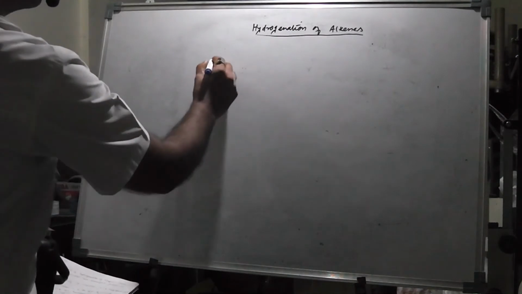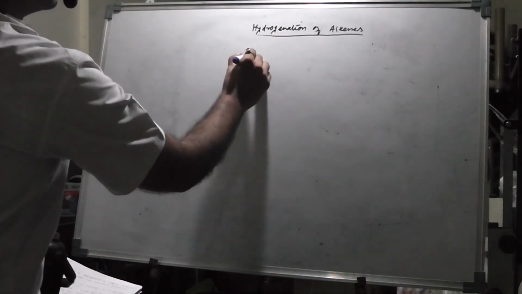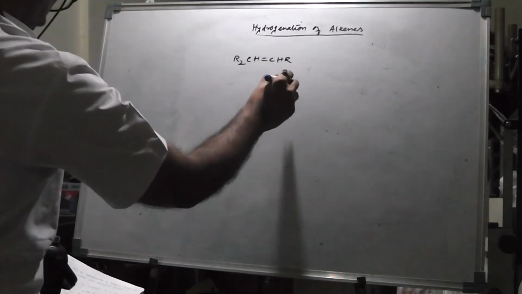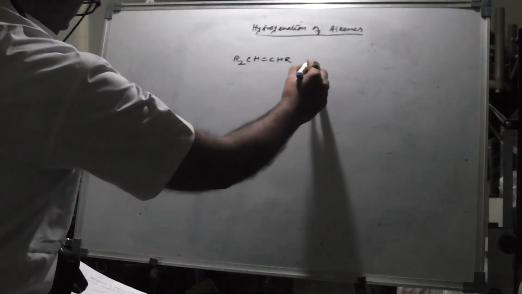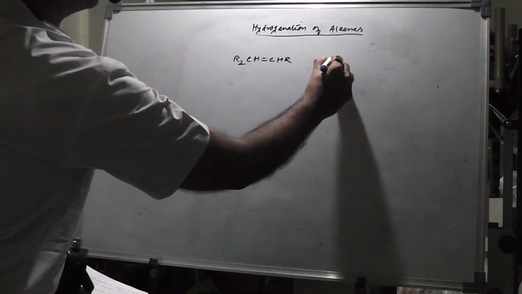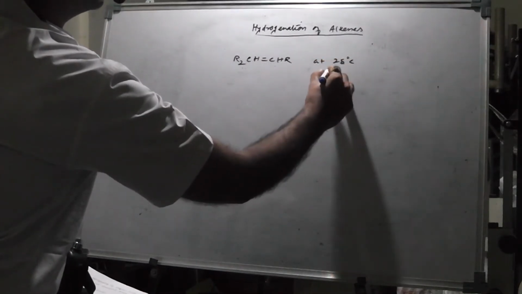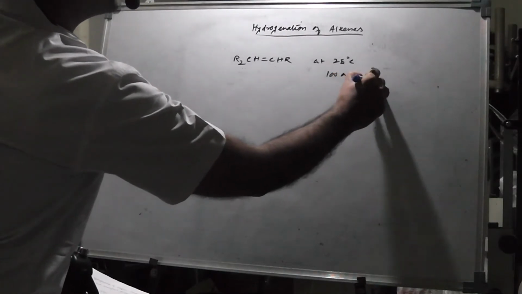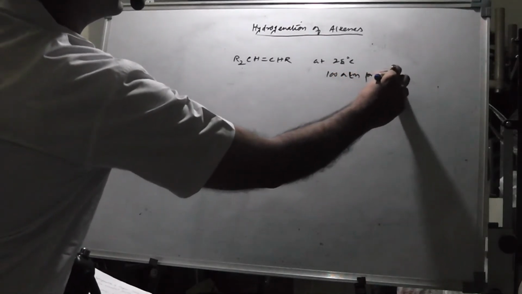A tri-substituted double bond can be reduced at 25 degrees centigrade and 100 atmospheres pressure.